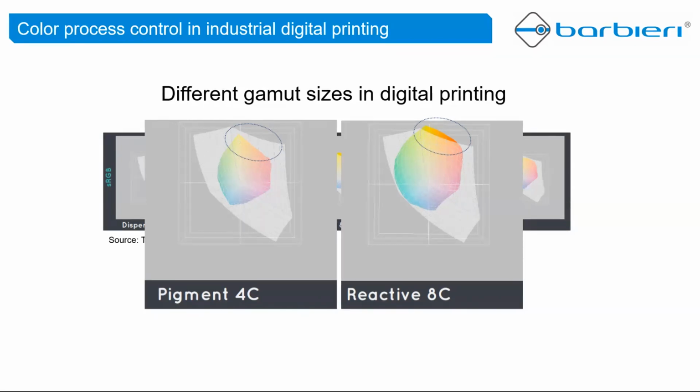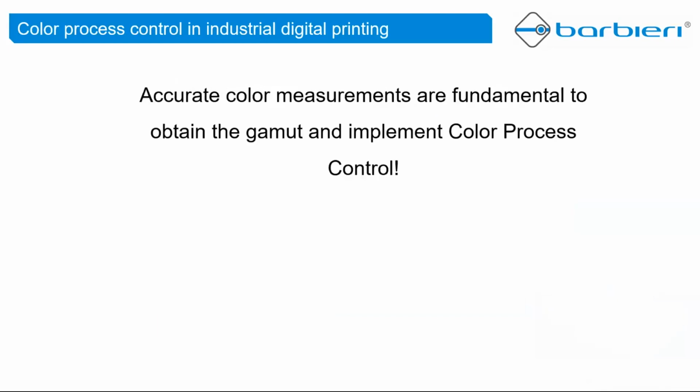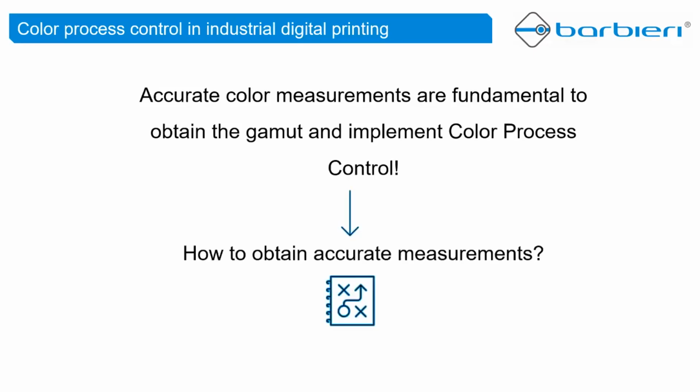And to receive these gamut sizes, to receive this color gamut, we need measurement technology, a spectrophotometer. Accurate color measurements are fundamental to obtain the gamut and then to implement color process control. This leads to a question: how do we obtain accurate measurements?